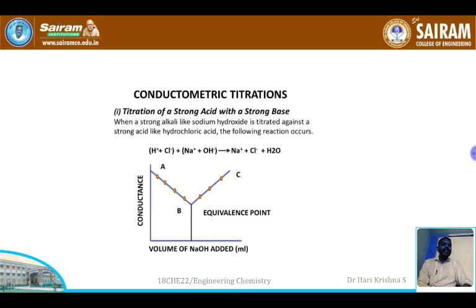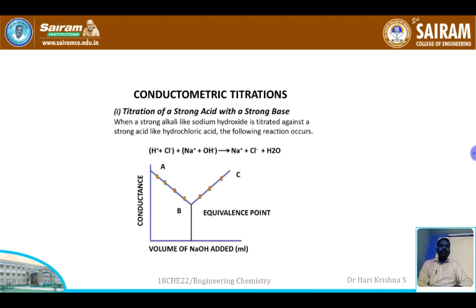Now conductance starts depending on the OH- ion, because the mobility of OH- is higher compared to Na+. As the concentration of OH- ion increases in the beaker, the conductance also will increase. After taking another 5 or 6 readings, you're going to stop the experiment.